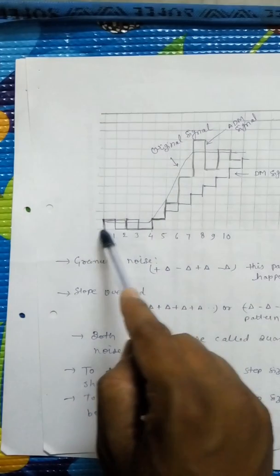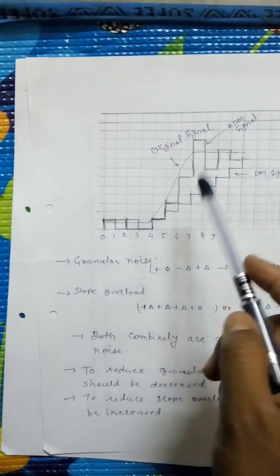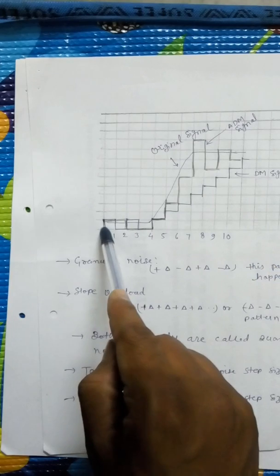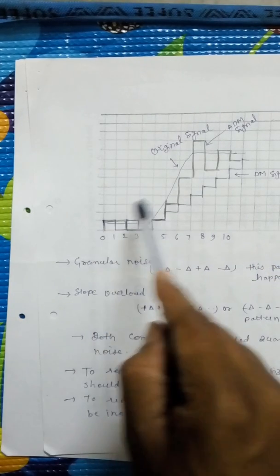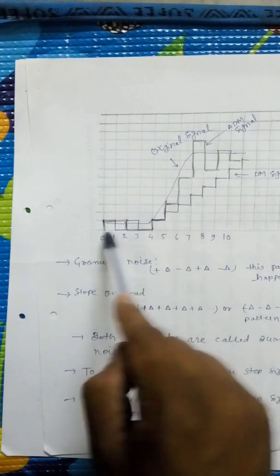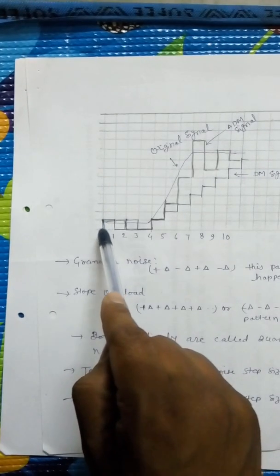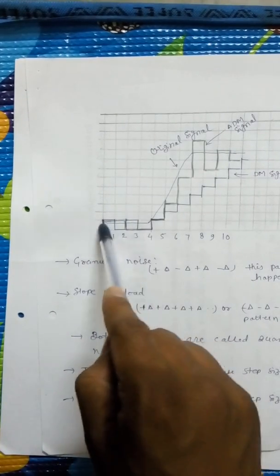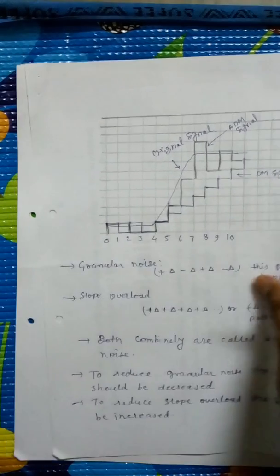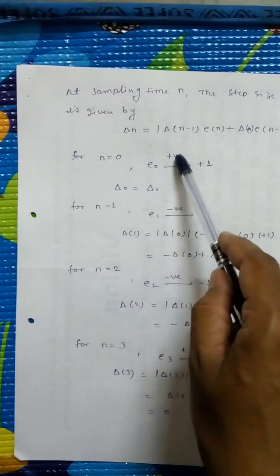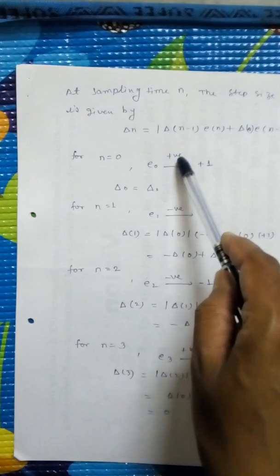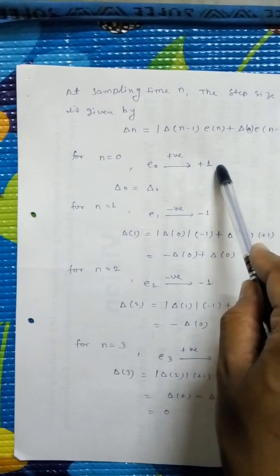We compare our message signal and approximated signal. So in this instant, our approximated signal is less than the message signal, so the error is positive, and if the error is positive, then plus 1 is given.